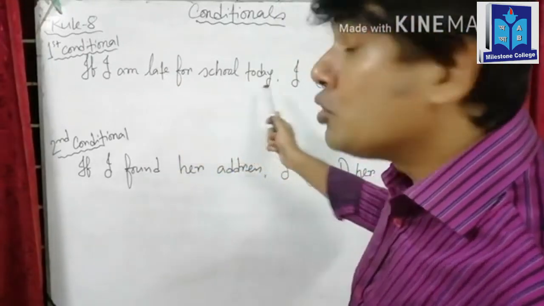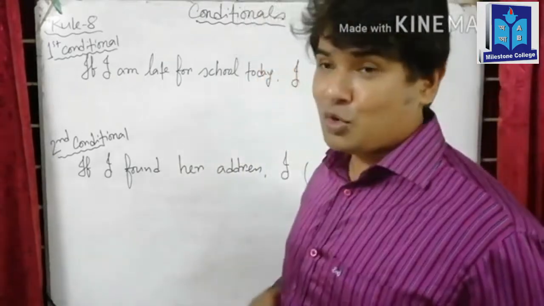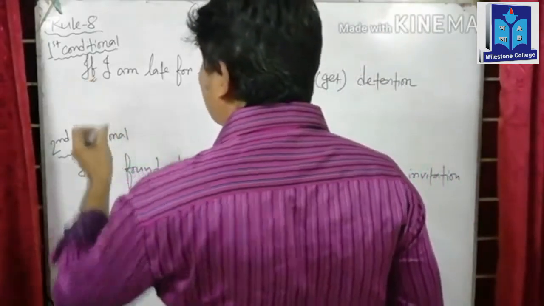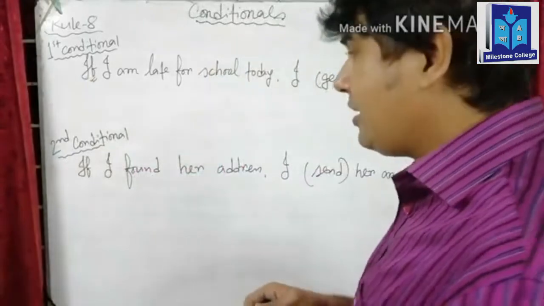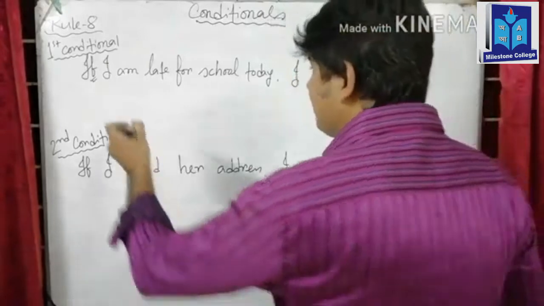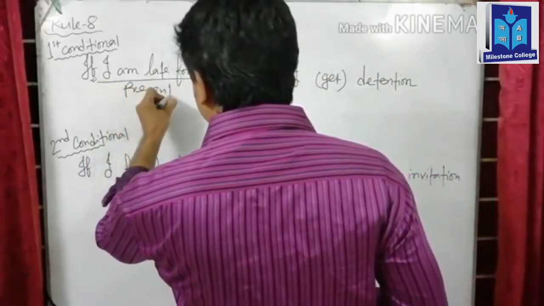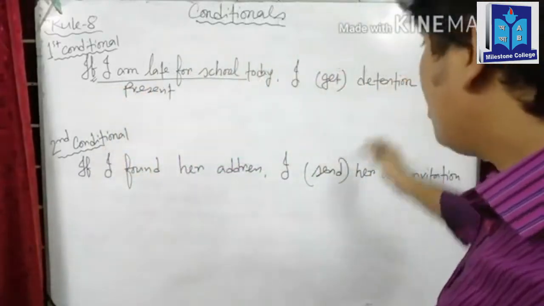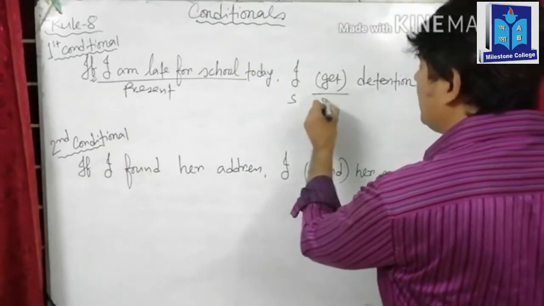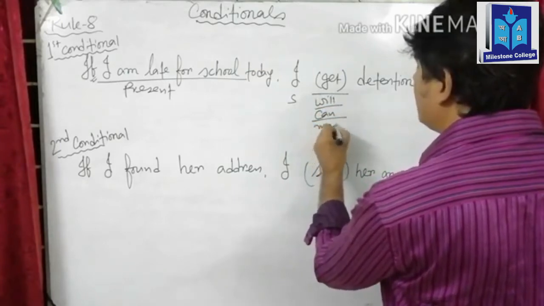If I am late for school today, I get detention. And in these cases, what would happen there? So when this clause, which is linked to if, or in another way we can say this conditional clause, is in present tense, then in the next clause, after the subject, we can use will, can, or may.